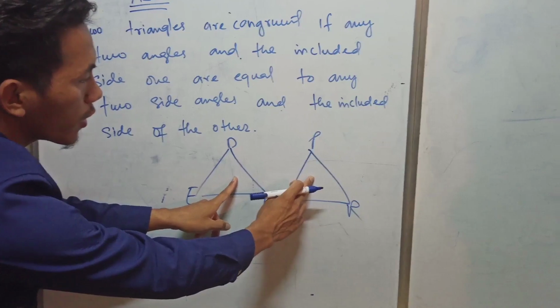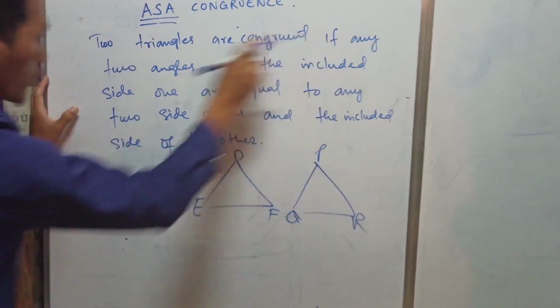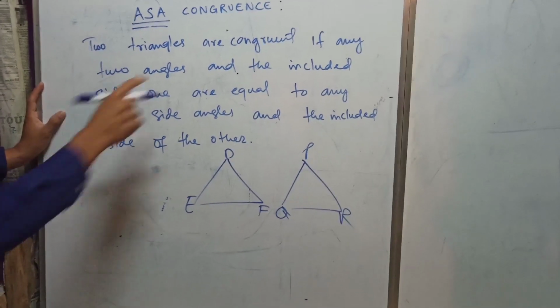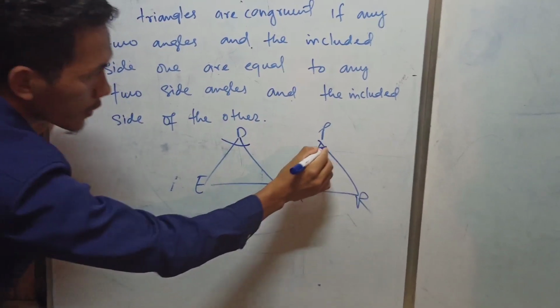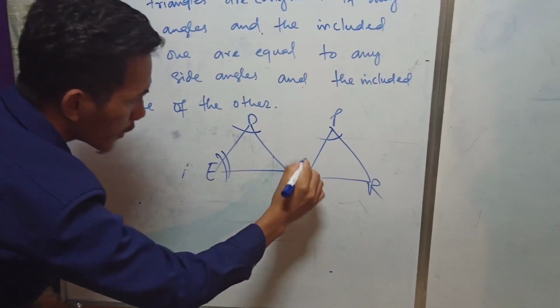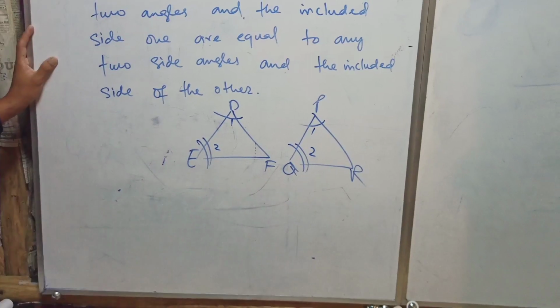We can say that these two triangles are congruent under this rule only if any two angles. Let's take angle D and angle P, angle E and angle Q.